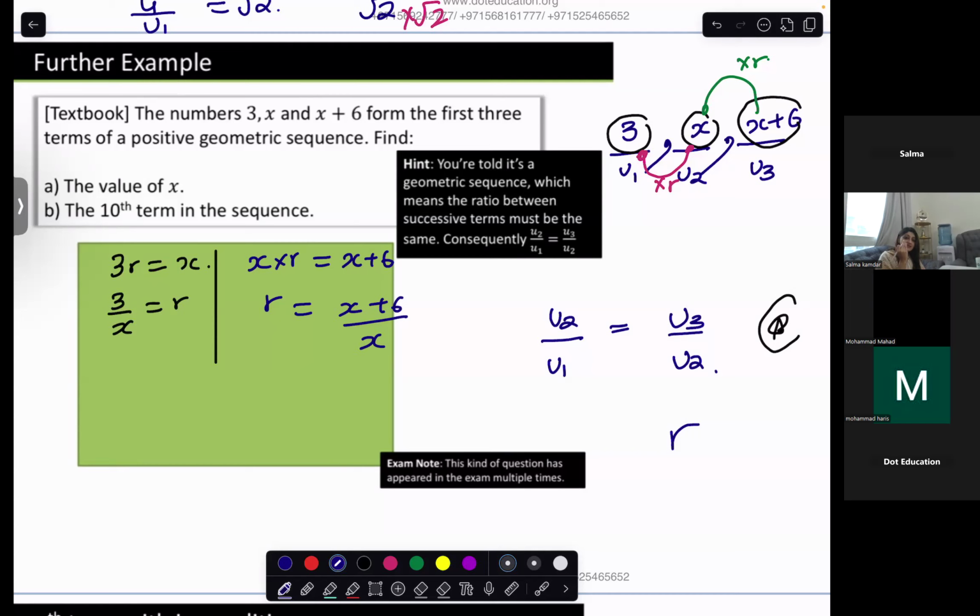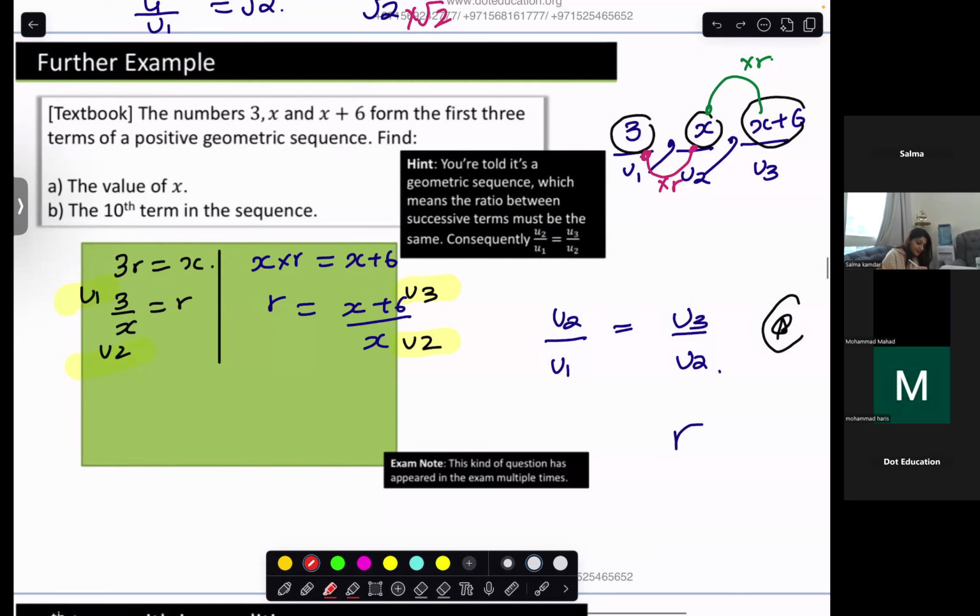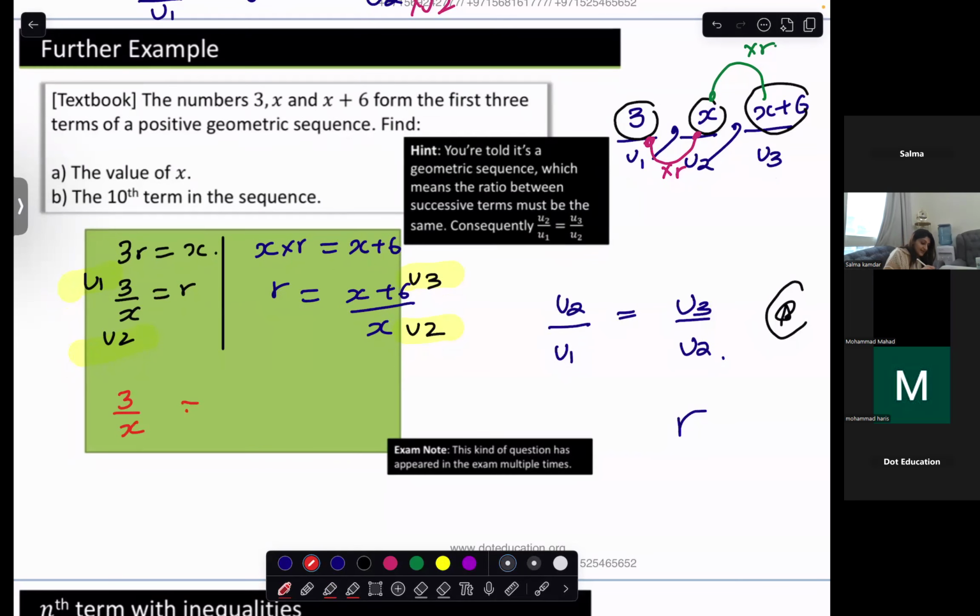Is it the same thing? Is this my u1, u2, u3, and u2? Okay, fine. So I would say my 3 over x is equal to x plus 6 over x.